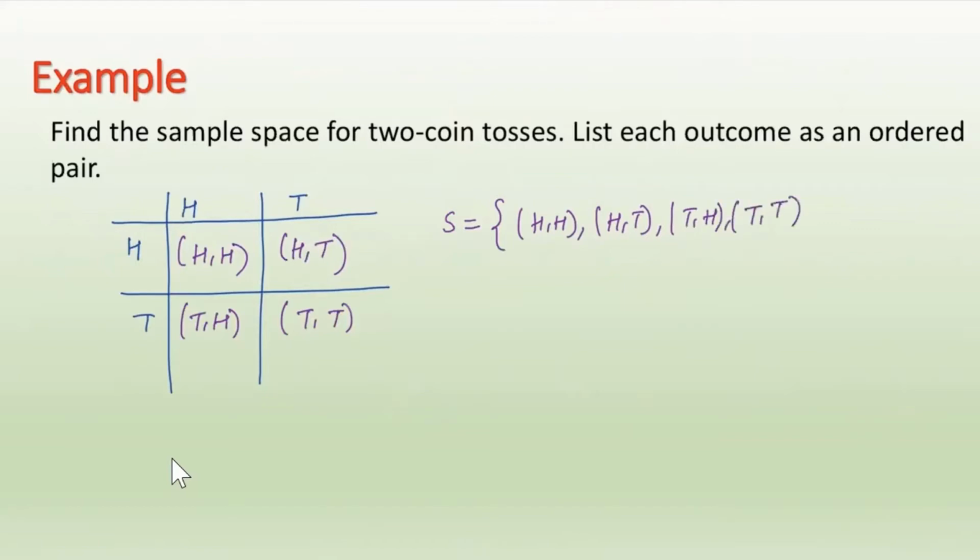That is your sample space. You can see that there are 4 possibilities: 1, 2, 3, 4. The set of all outcomes that you list is called the sample space. Do you have any question in the first example on how to find the sample space when 2 coins are tossed? No. Okay, great.